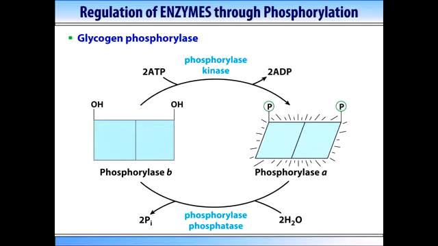This is a very important reaction in our body because it is controlled by adrenaline. The phosphorylase kinase enzyme is controlled by the cascade which comes from adrenaline. When the animal sees a predator, it becomes scared. Immediately, adrenaline is secreted into the blood.